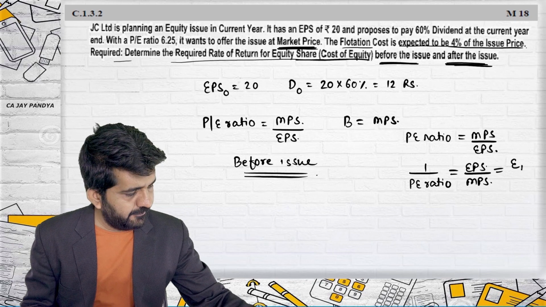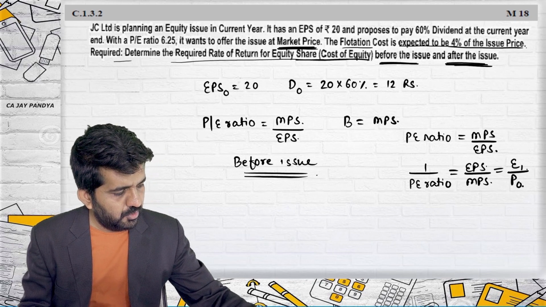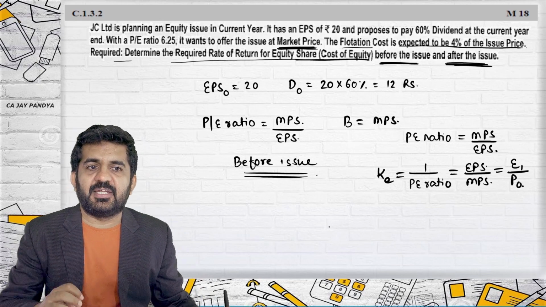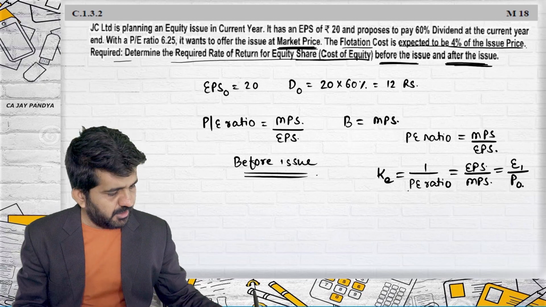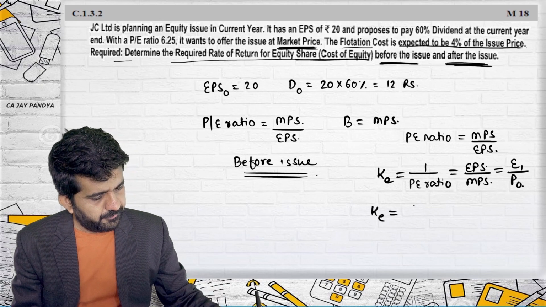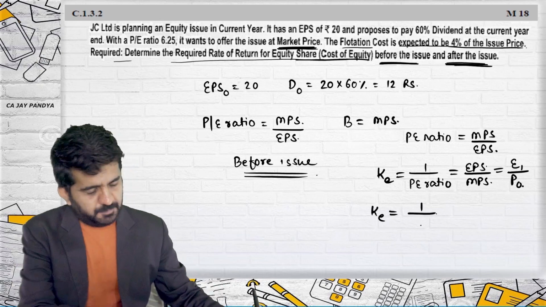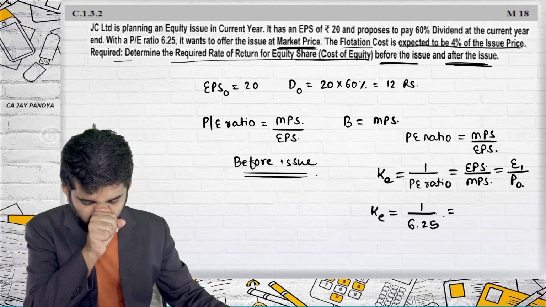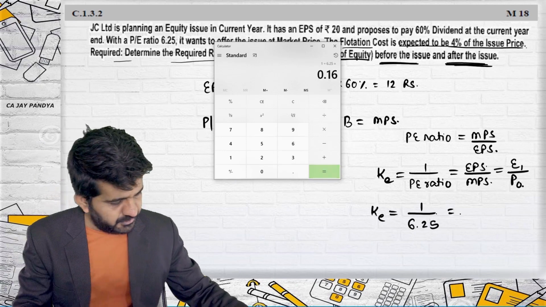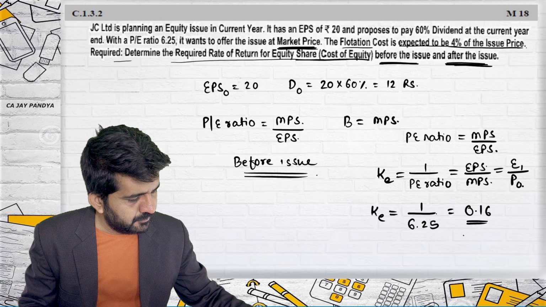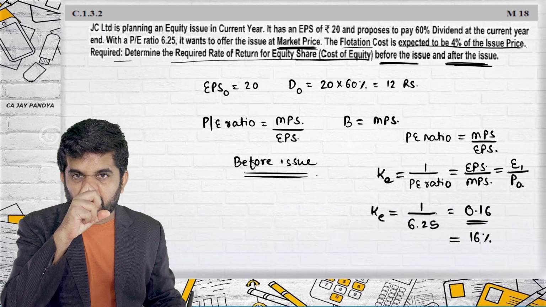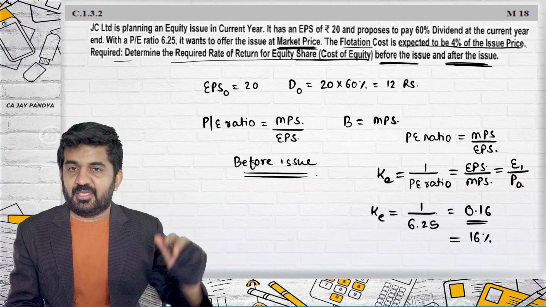EPS is E1 upon MPS is P0, which is nothing but cost of equity. So 1 upon PE ratio can be taken as cost of equity. So cost of equity will be equal to 1 upon 6.25. So 1 divided by 6.25 is 0.16, which is equal to 16%. This is the required rate of return of equity shareholders, that is KE. Is it all right?